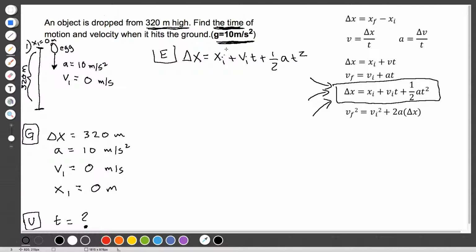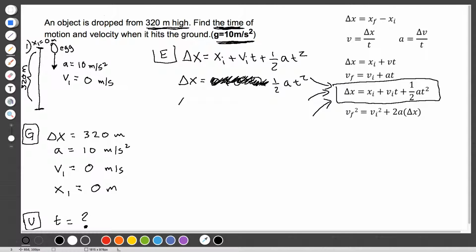So x initial equals 0, so delta x equals 0 plus velocity initial equals 0 times time plus 1/2 a t squared. So I just plugged in those zeros to show you that you can get rid of these right off the bat.